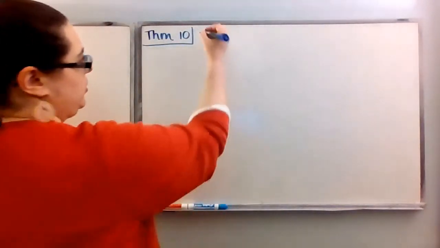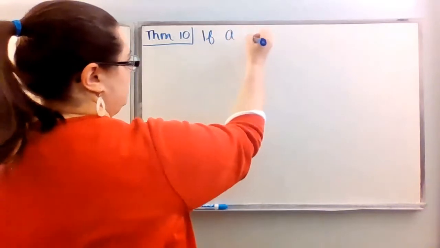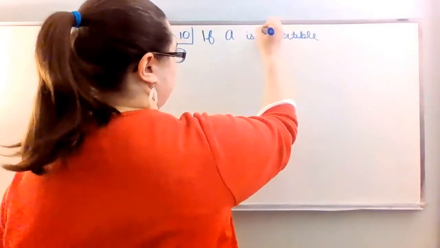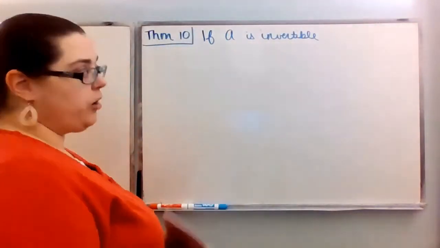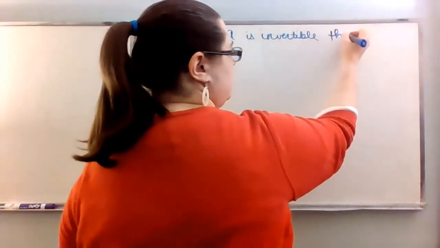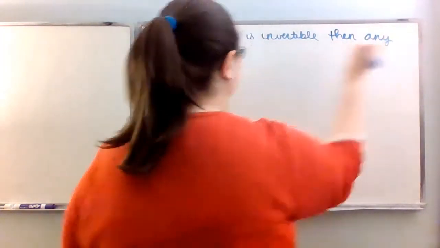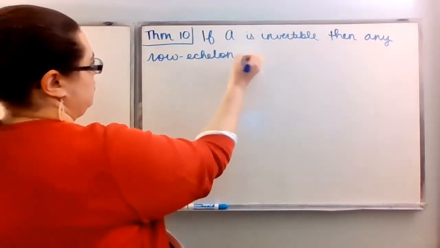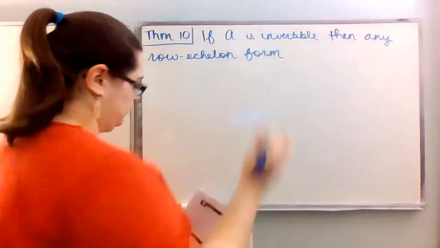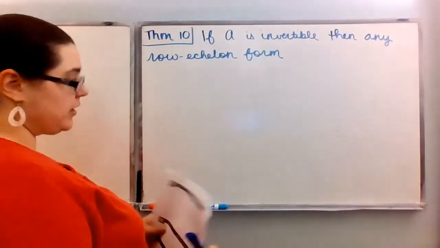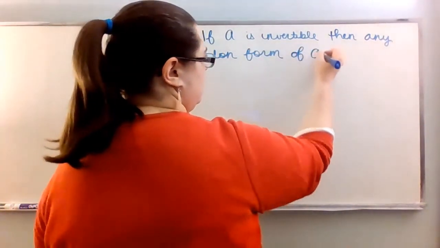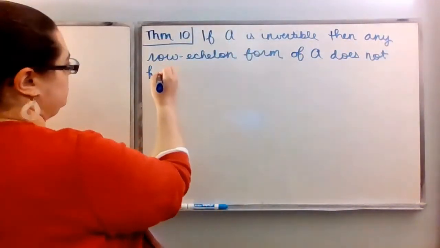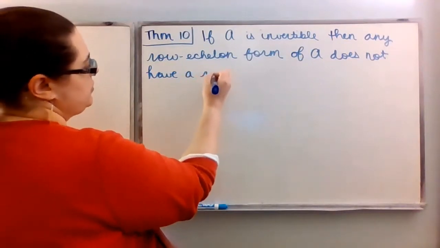If A is invertible, then any row echelon form of A does not have a row of zeros.